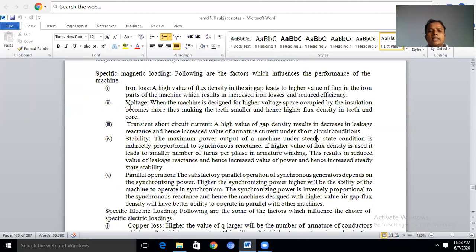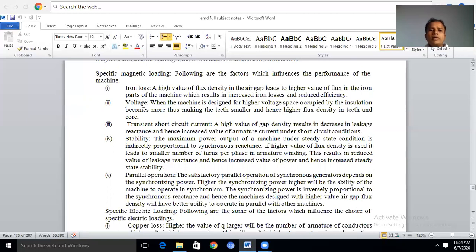So voltage comes into the picture. The output equation of the machine is Q = V × I. In order to increase the output or the rating of the machine, we need to increase the voltage.